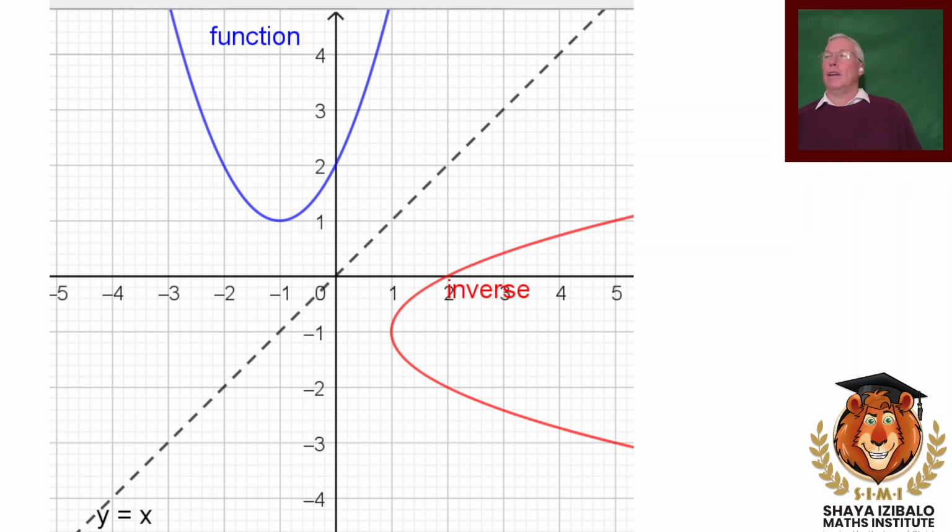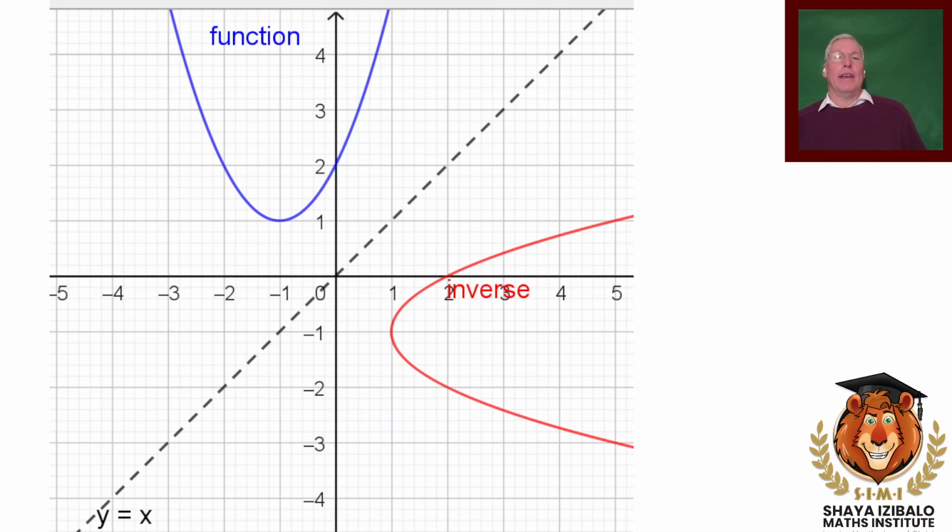Okay, so here we've got a function in blue and its inverse in red. I just want to show you a couple of points here. You'll see we've got the point on this blue graph, (0, 2). And if we flick that around, (2, 0). Okay, and what we should see is this reflection idea.